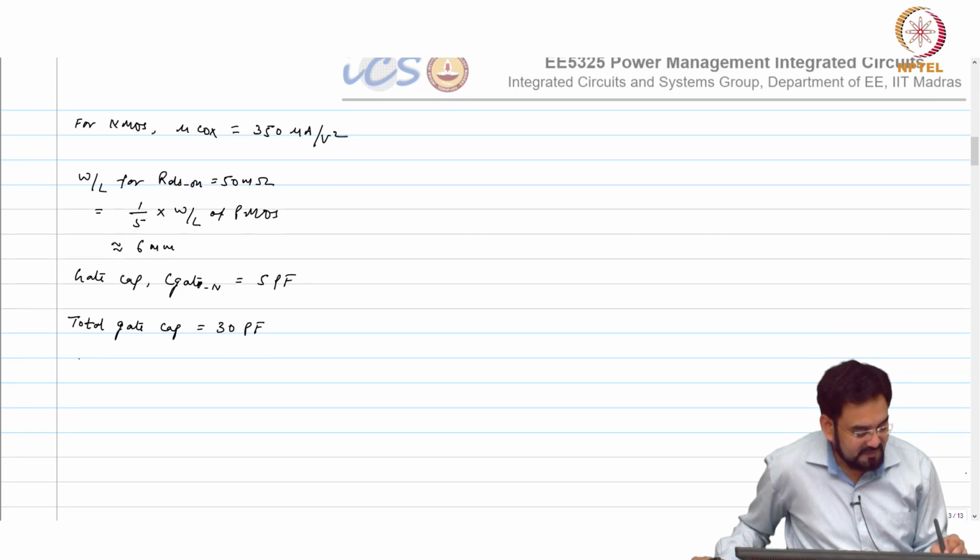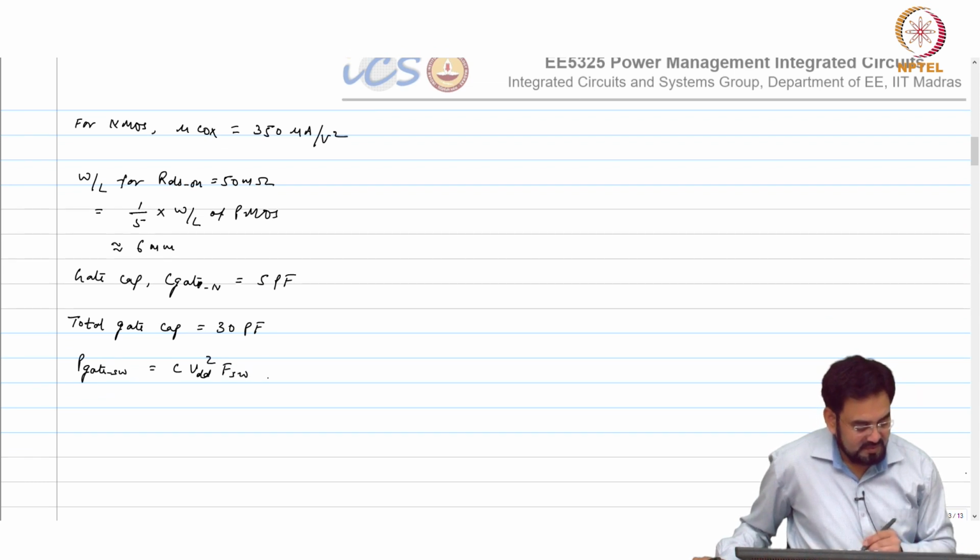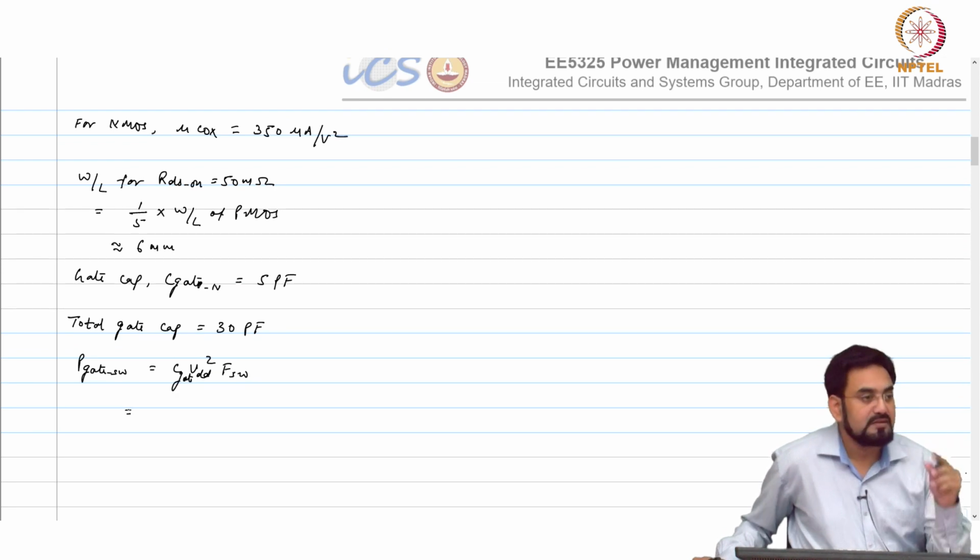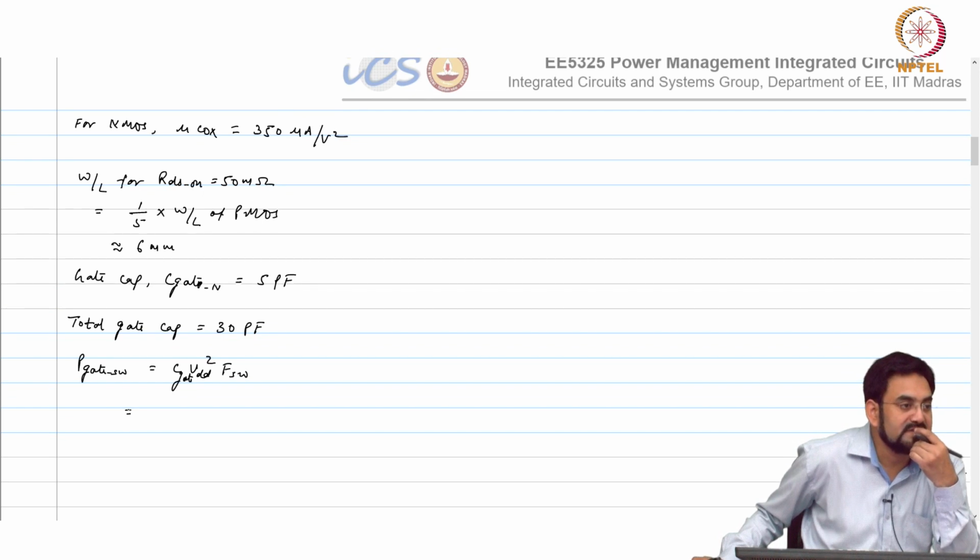So, CV square F. So, P gate switching loss is C VDD square FSW. This is nothing but C gate, 70 milliohm.